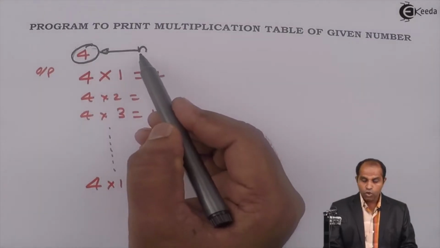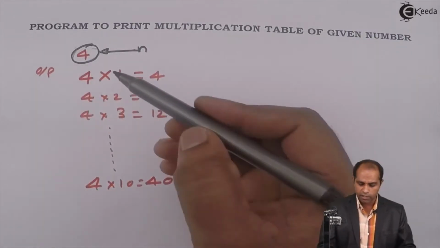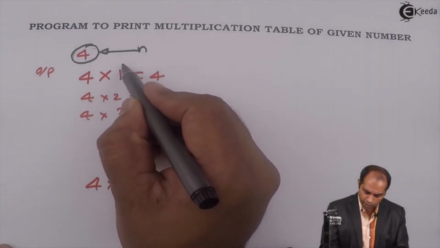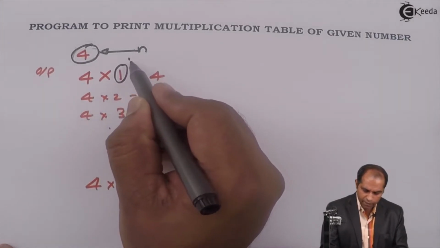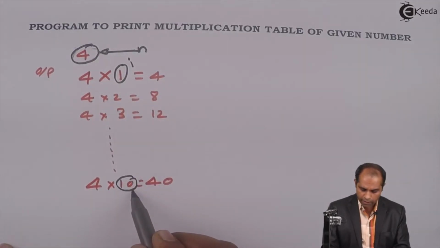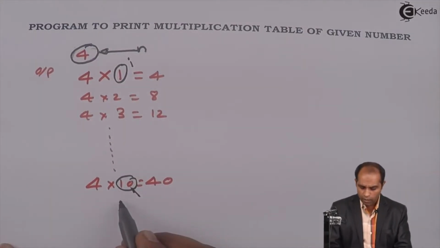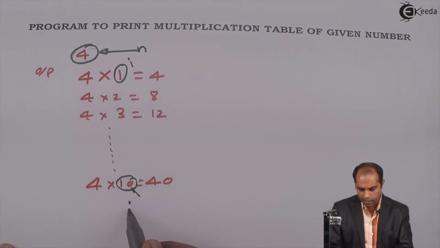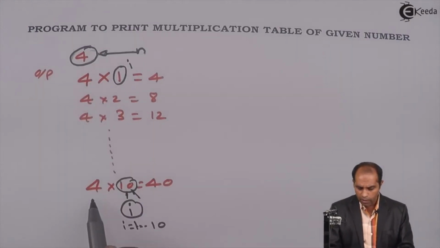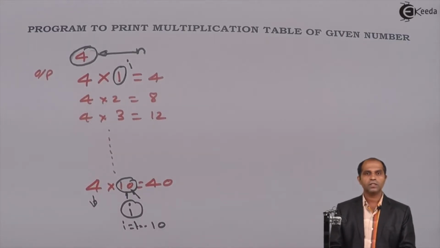And this n should now be multiplied continuously from 1 to 10. So I'm supposed to take this as I and start with 1 and go till 10. So the second variable in this case is I, where I goes from 1 to 10.